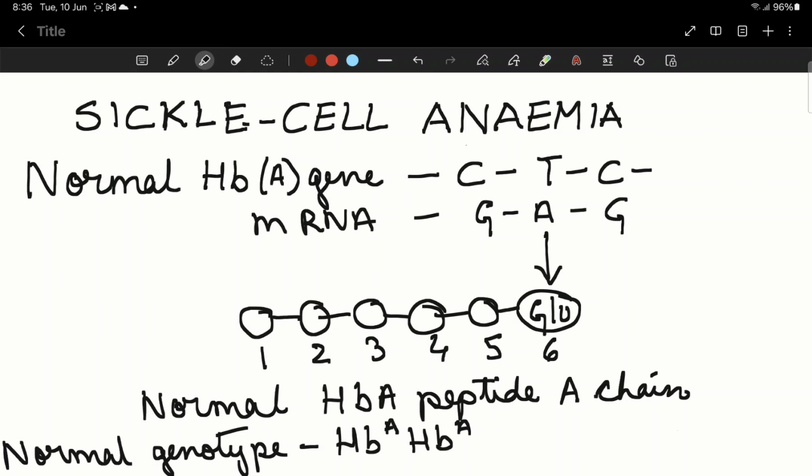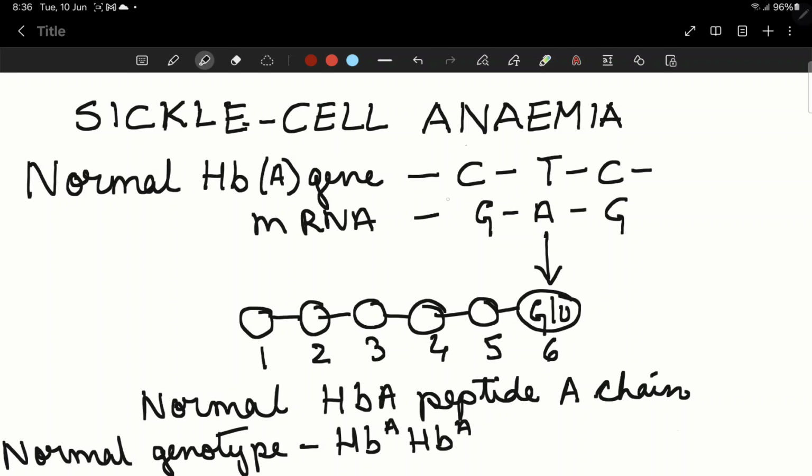In a normal person, the HBA gene codes for CTC, that means these are the three nitrogen bases: cytosine, thymine, cytosine.